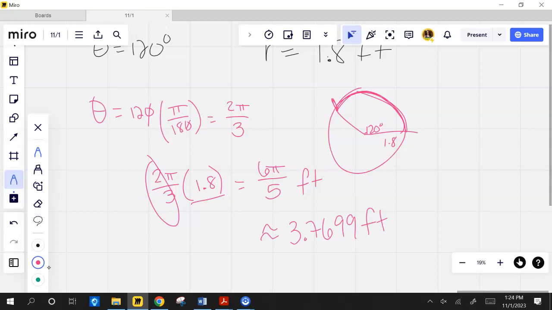Enter. Math. Enter. Why can't you do that? Because you need an exact answer and then there's an approximate answer. Be able to do both.